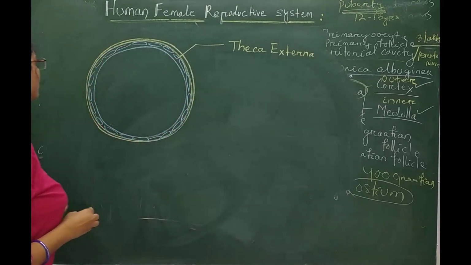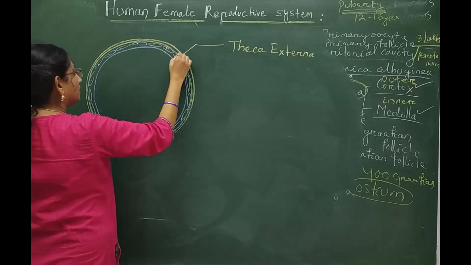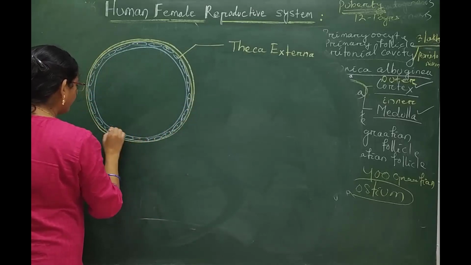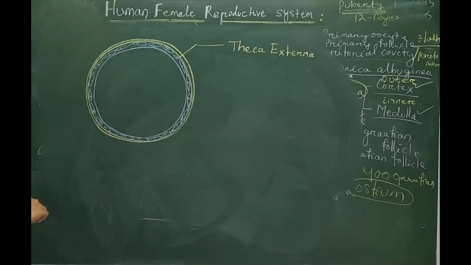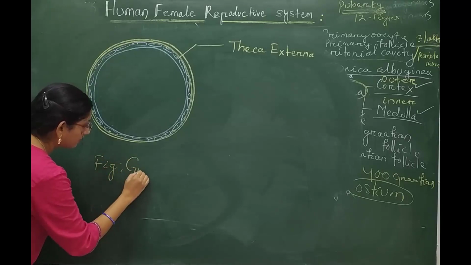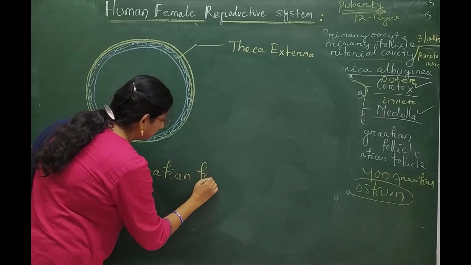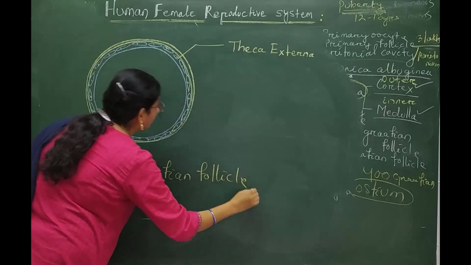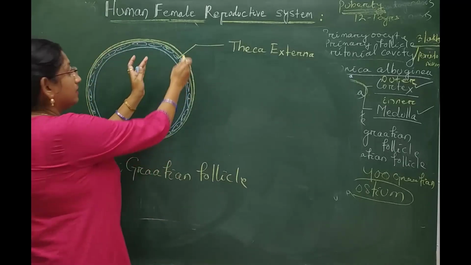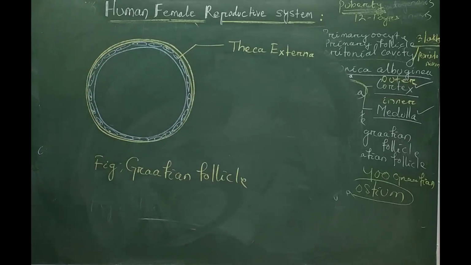Which one is the outermost layer of the Graafian follicle? If we are talking about the mature Graafian follicle, it has the following sorts of outer and inner covering, and this outermost covering is called theca externa.